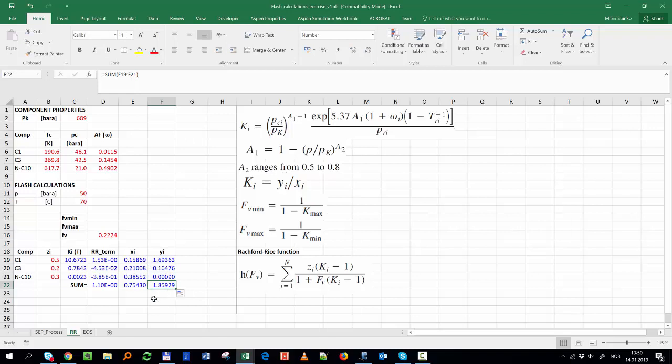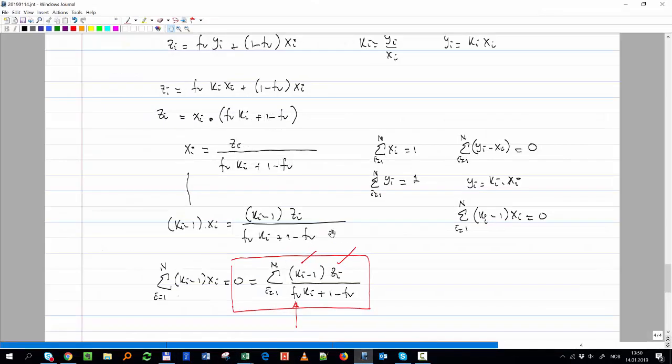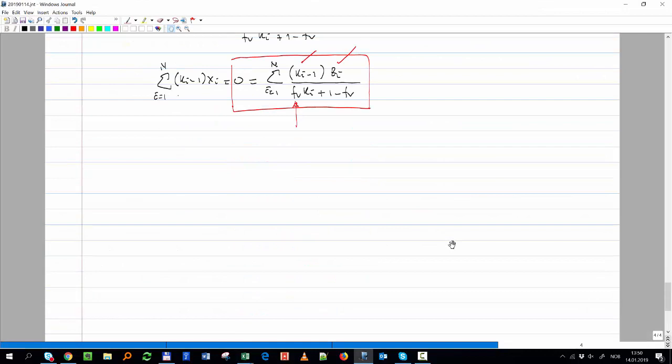Now, be careful, that function that we are going to solve now is a bit tricky, okay? Because the function looks a bit like that. So this function, let's say that's called h, as a function of FB. That function looks like this.